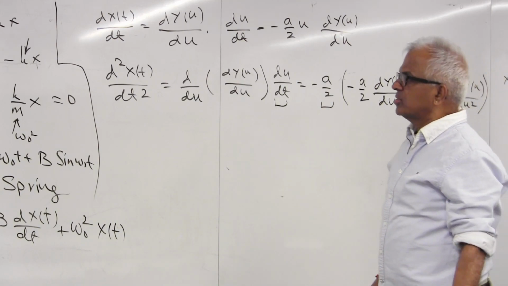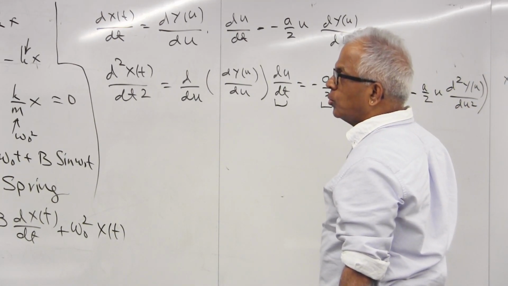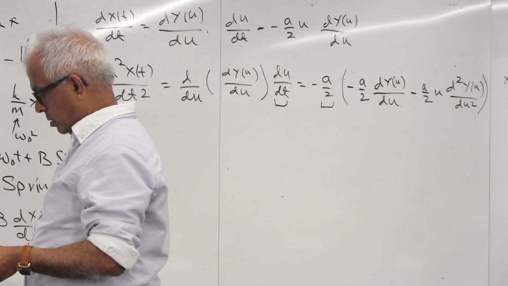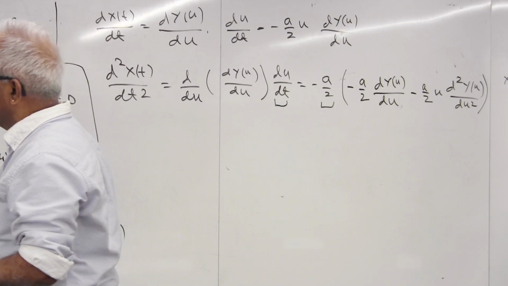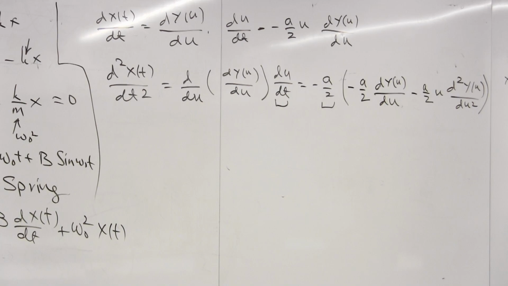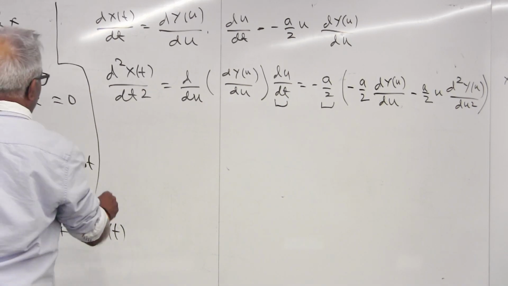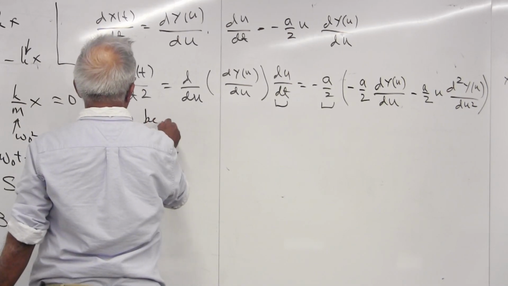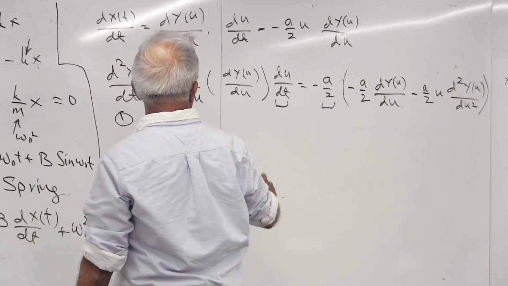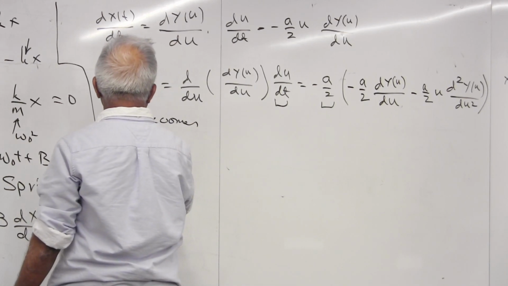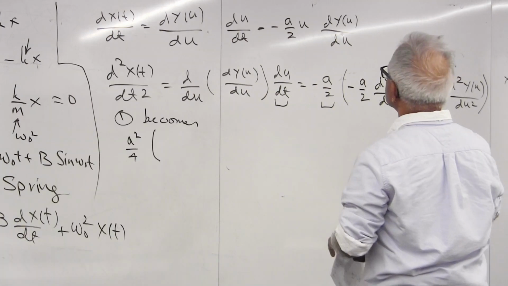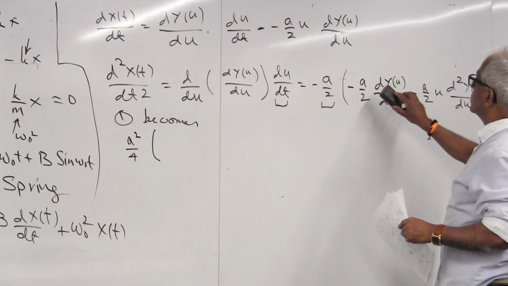Okay, so if you plug this into this equation, remember d squared x(t) by dt squared, so that's a squared by 4 common, and then you have, so something is not right here.